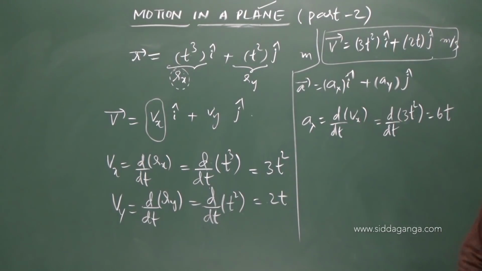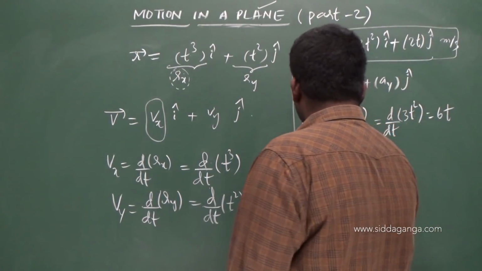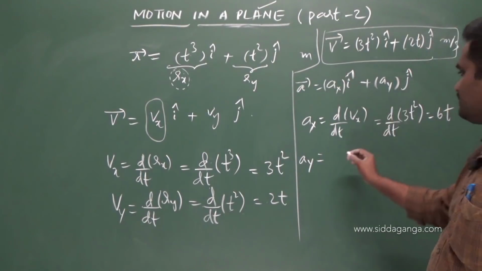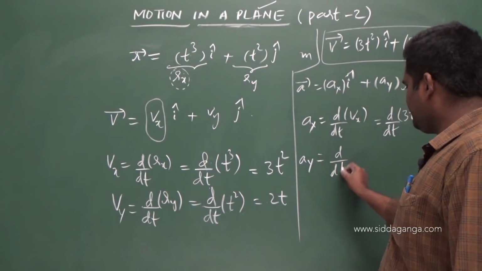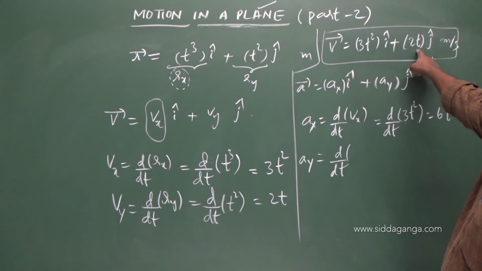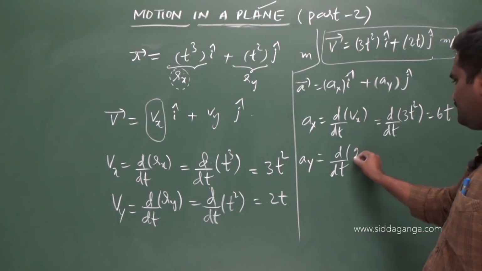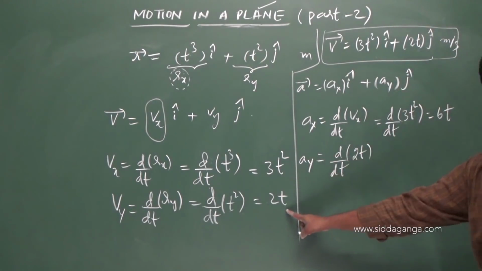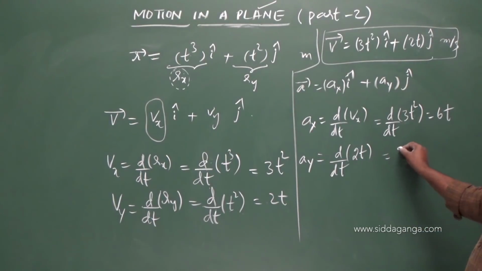Directly I have written it. And similarly Ay, the y component of acceleration, how much is it? It is d by dt of the y component, that is, the differentiation of 2t, since Vy is 2t. So 2 is common, and dt by dt is 1.